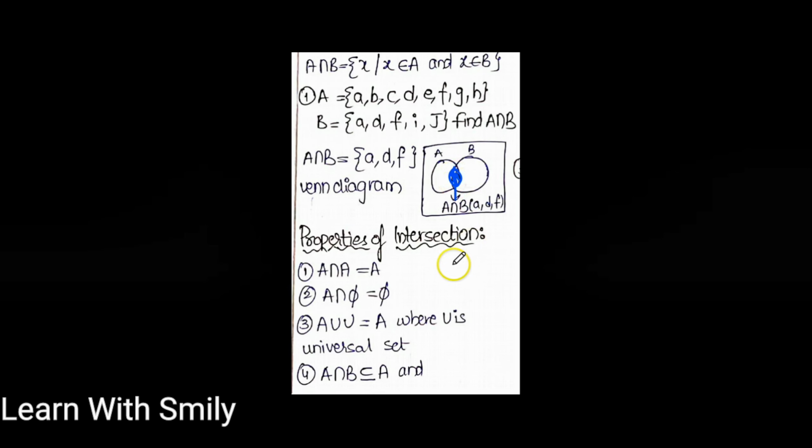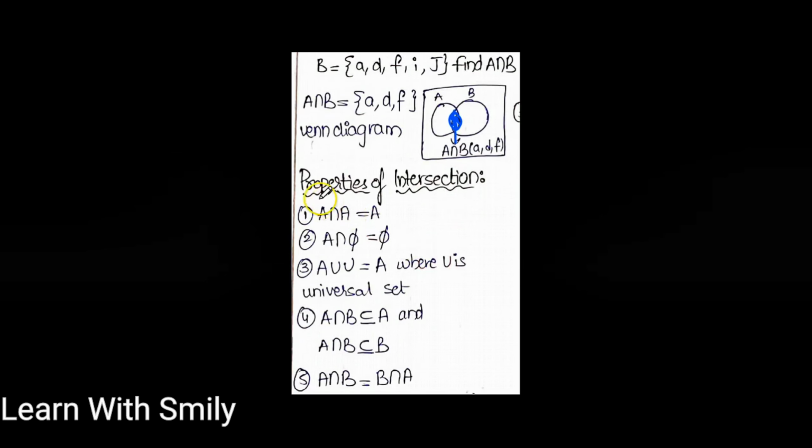Okay, and what are the properties then? The properties of intersection: A intersection A, the common elements of two similar sets, is the same set, right? And A intersection phi, we're going to take phi only, because there will be no matching elements. A intersection U equals A, where U is the universal set.